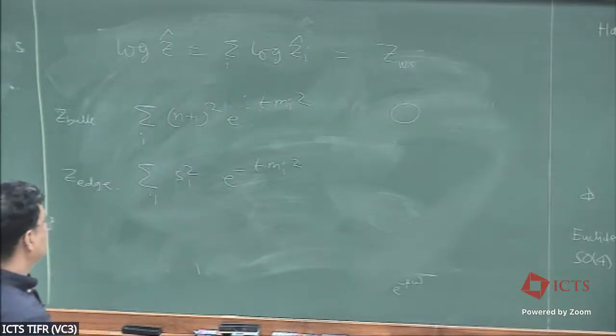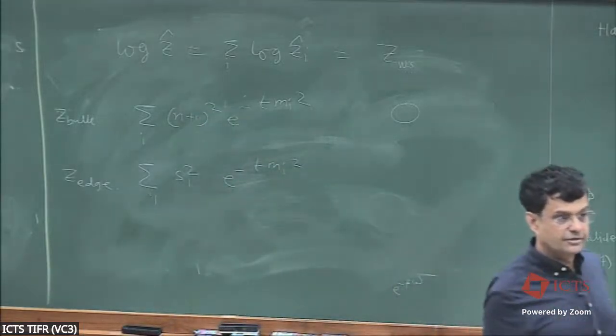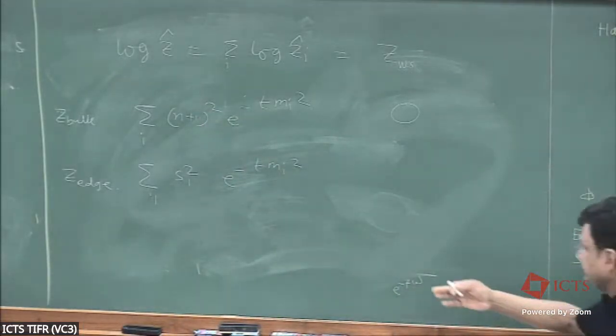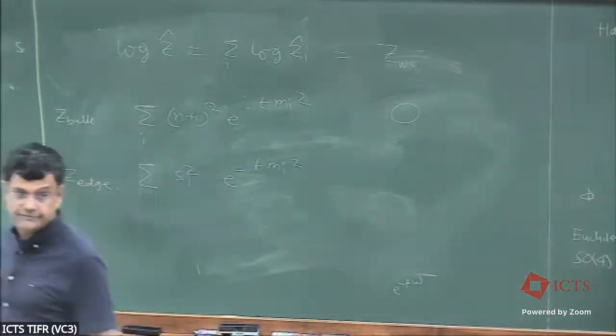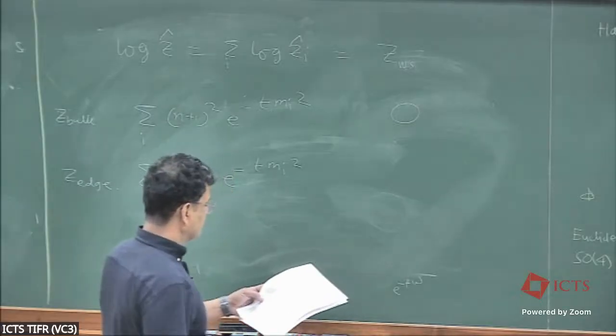Okay? And this should give you the one loop cosmological constant of bosonic string theory, properly renormalized, properly regularized in the infrared by the volume of de Sitter. And this you can very easily check.